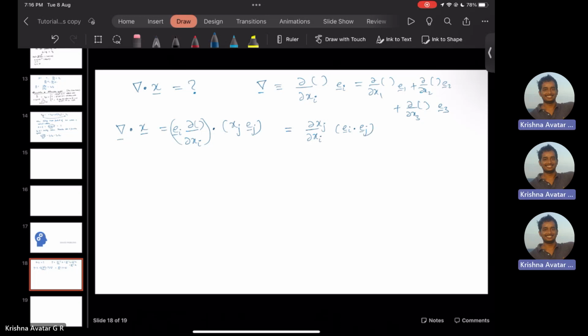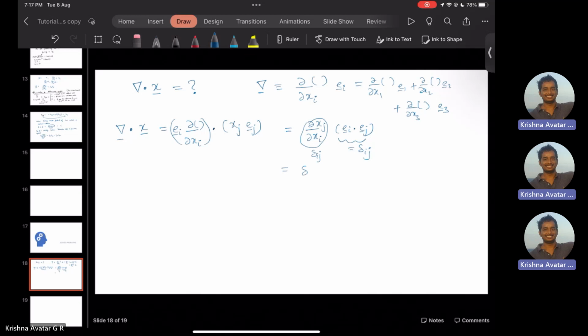Now we recall from the definition of our Kronecker delta, this comes out to be delta ij, isn't it? And this operation also leads us to delta ij.